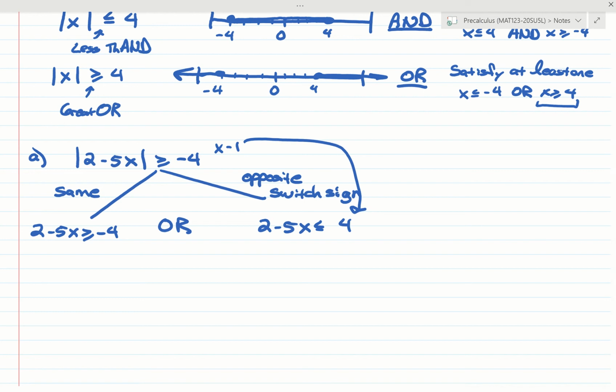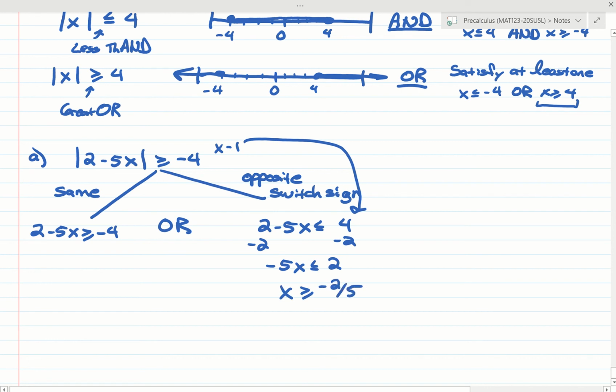So let's go ahead and solve this. If we subtract 2, we get -5x is less than or equal to 2. And x would be greater than or equal to -2/5. And let's do that here. -5x is greater than or equal to -6.